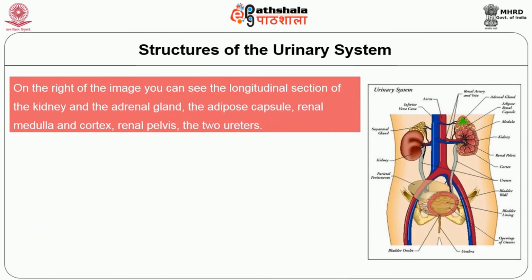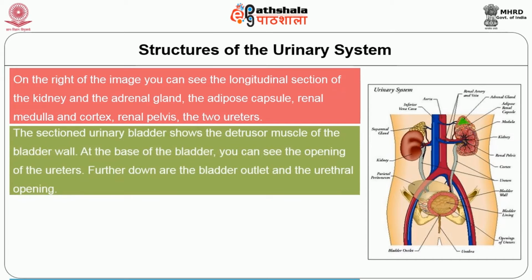On the right, you can see the longitudinal section of the kidney and the adrenal gland, the adipose capsule, renal medulla and cortex, renal pelvis, the two ureters, and the sectioned urinary bladder which shows the detrusor muscle of the bladder. You can also see the openings of the ureters. Further down are the bladder outlet and the urethral opening.